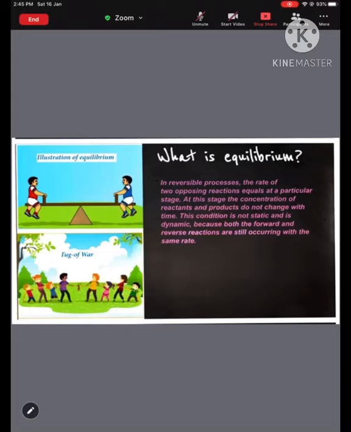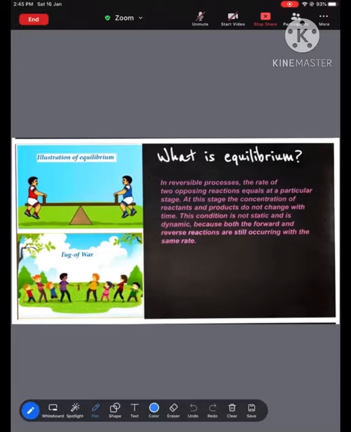If you see the middle point of the seesaw, you can find that both boys are sitting at equal distance from the center point and both are almost equal in weight. So the system will reach a state of equilibrium where there is no change in the position.